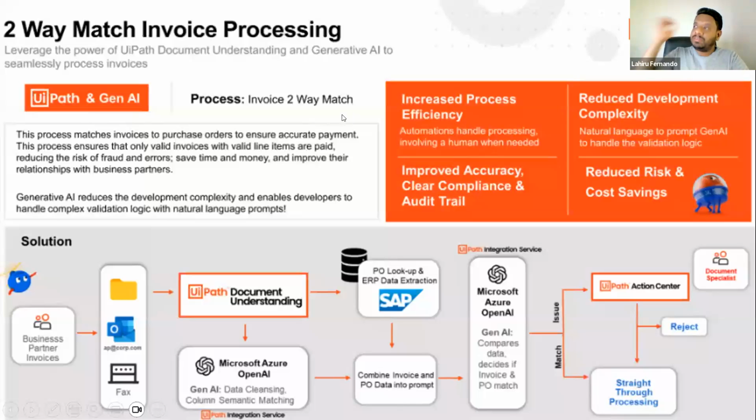So this is one use case that I captured from one of the slide decks that was done in a session by UiPath. It's a similar example to the one I explained earlier. What happens here is you get a set of invoices, and using document understanding, you extract that information.